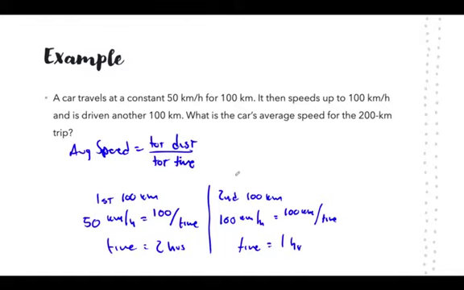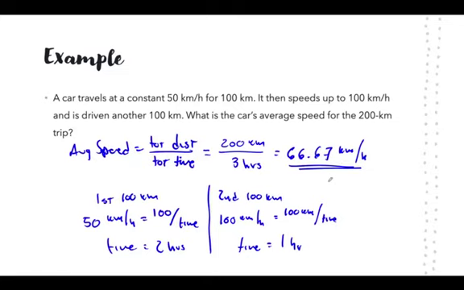So that would make the total time equal to 3 hours. So then here I can say that the total distance was 200 kilometers and the total time was 3 hours, which would make the average speed equal to 66.67 kilometers per hour.